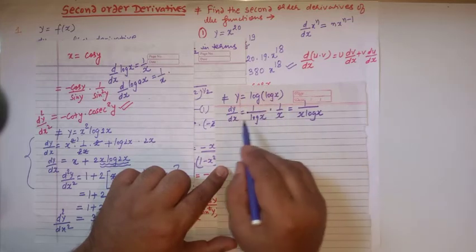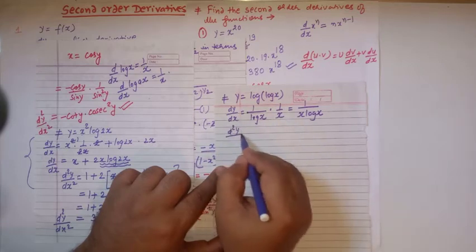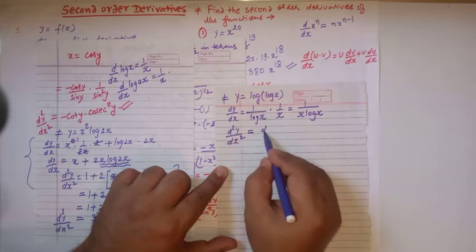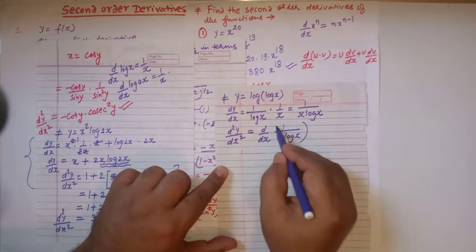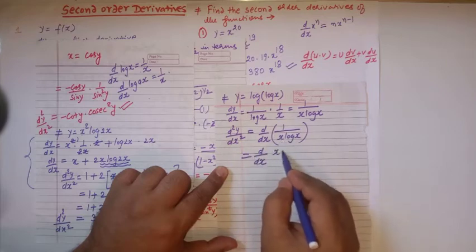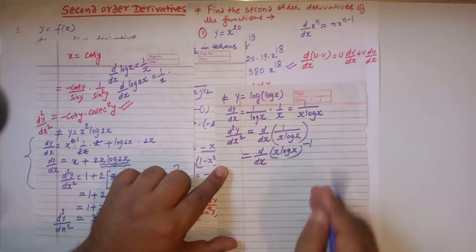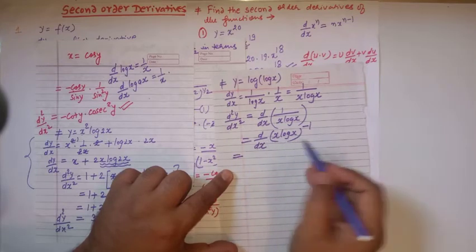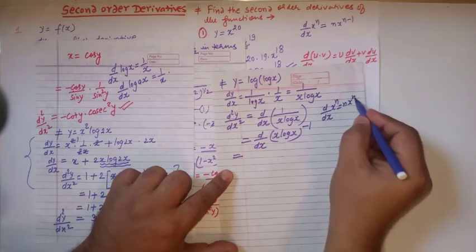Now for the second derivative, let us differentiate this function dy over dx. So this is d by dx of 1 over x log x. Now we can take x log x raised to minus 1, and now here we'll apply the chain rule as well as the rule that the derivative of x raised to n is n x raised to n minus 1.